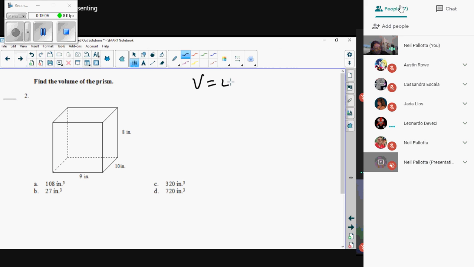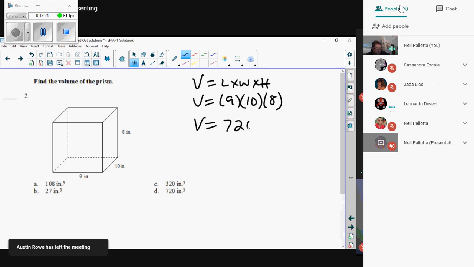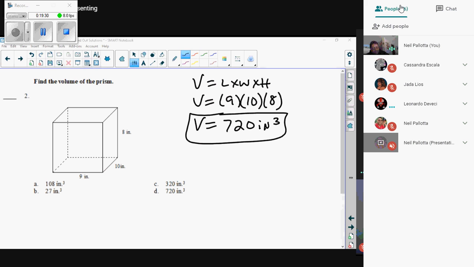Volume's going to be length times width times height. Volume's going to be your 9 times your 10 times your 8. So when you multiply 9 times 10 times 8, you wind up with 720 cubic inches, yeah. 720 cubic inches, right? Letter D.